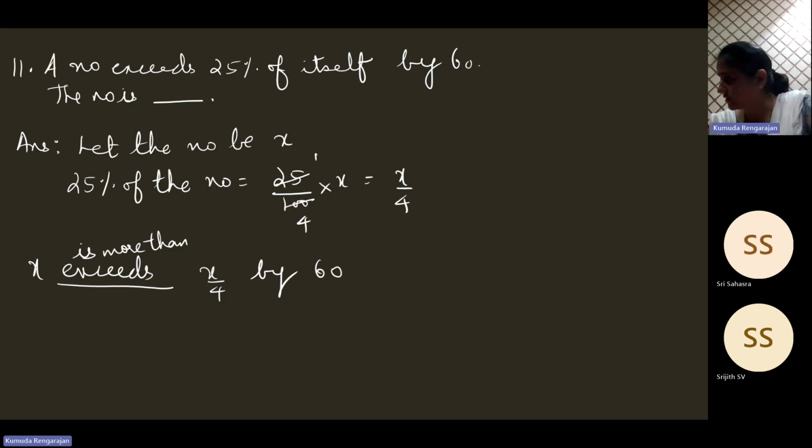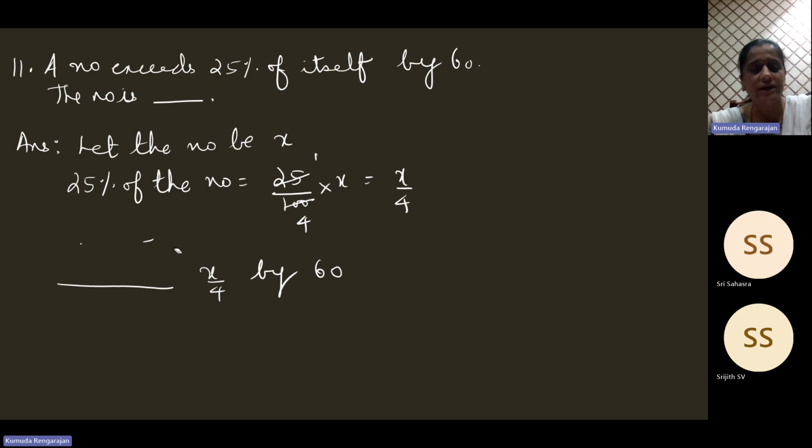The number is x, and 25% of the number is x by 4. X is more, so x by 4 is less. What's the difference? 60. So x minus x by 4 is 60 is the equation.